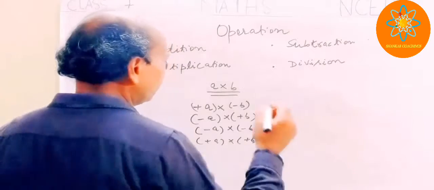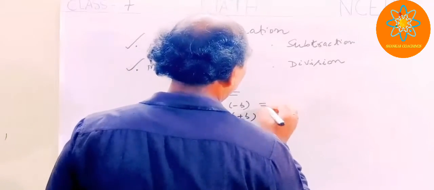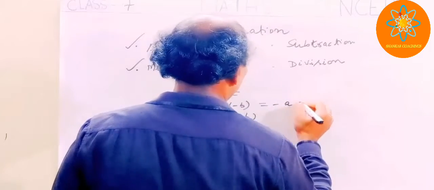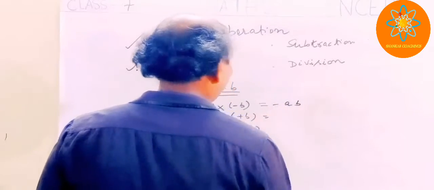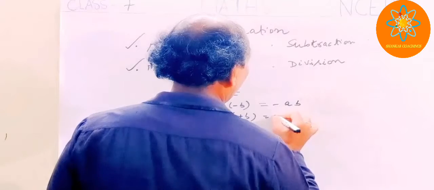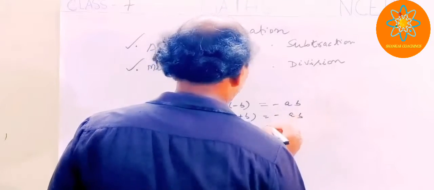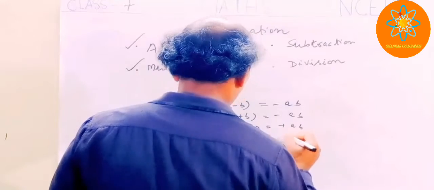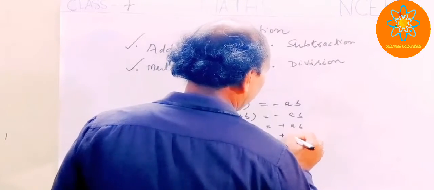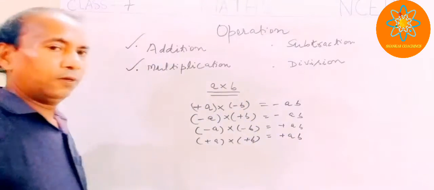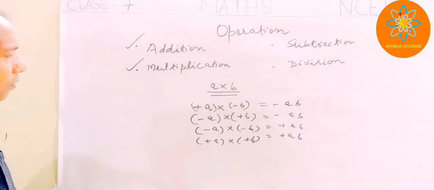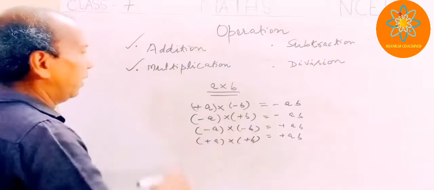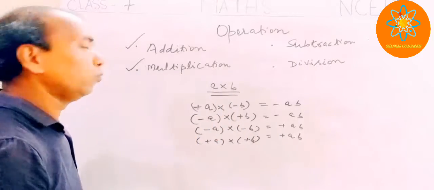So what are the values here? They will be minus AB, minus AB, plus AB, and plus AB. This is how we multiply two numbers.